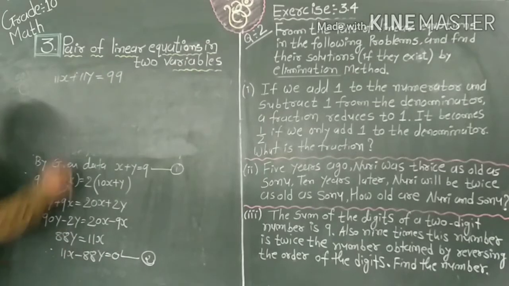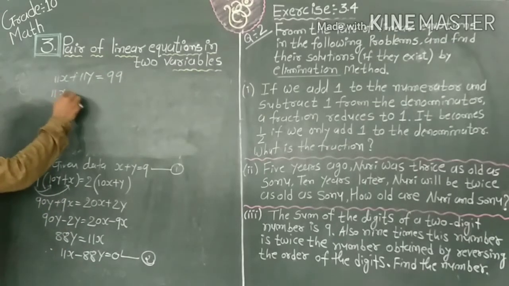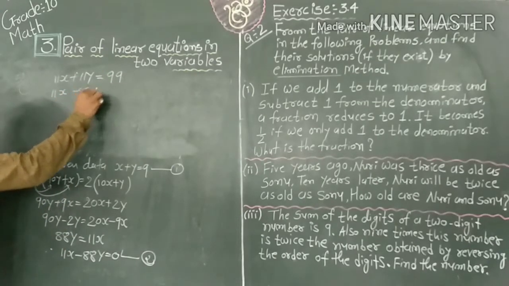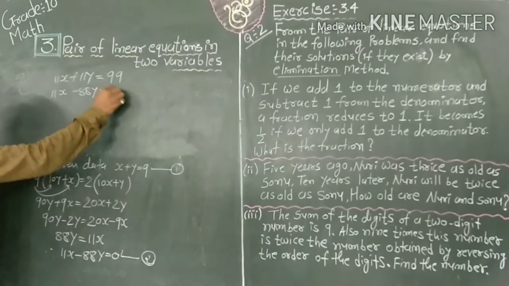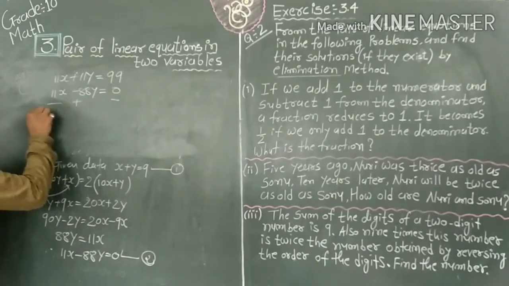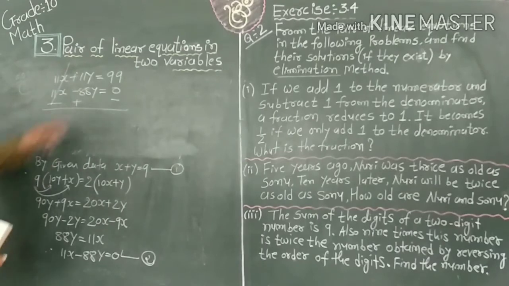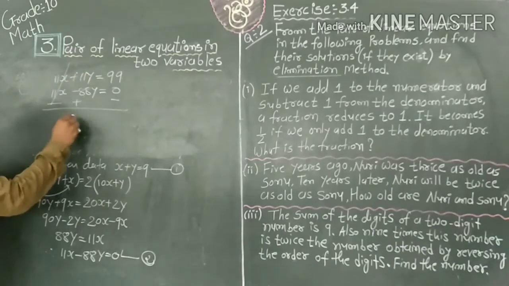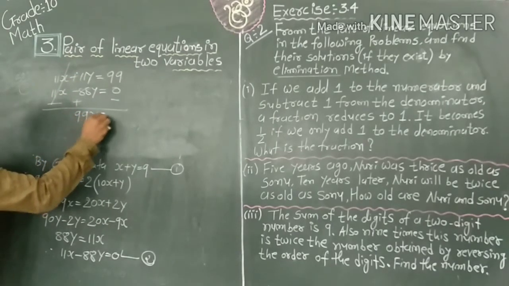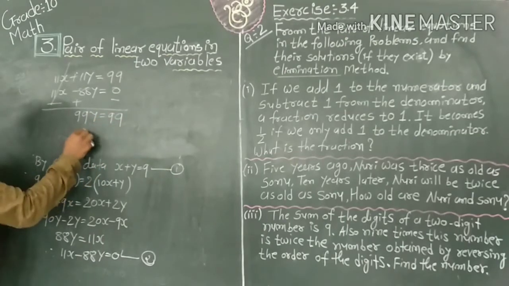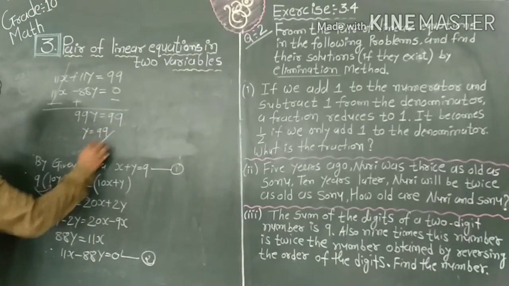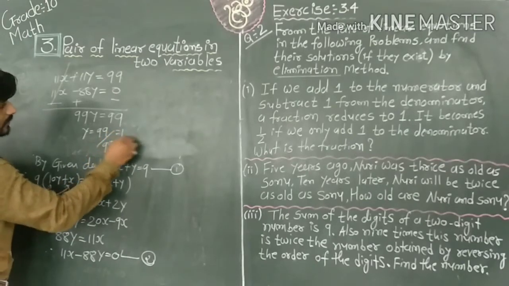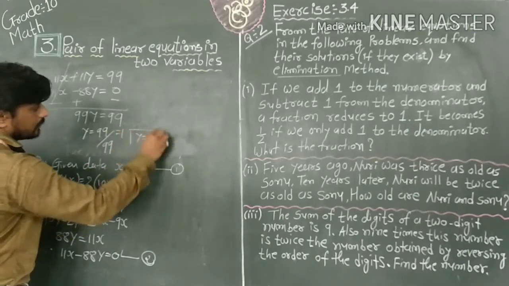And arrange this one: 11x minus 88y is equal to 0. Minus and minus, the x terms cancel. Here 88 plus 11, that means 99y is equal to 99. That means y is equal to 99 upon 99, that means 1. We have y is equal to 1.